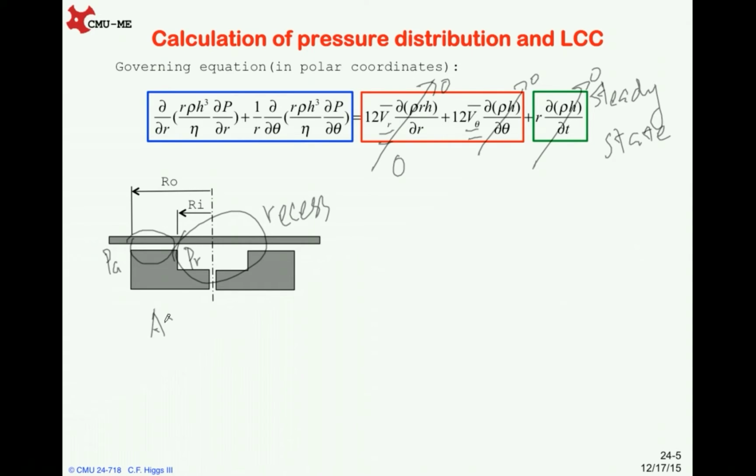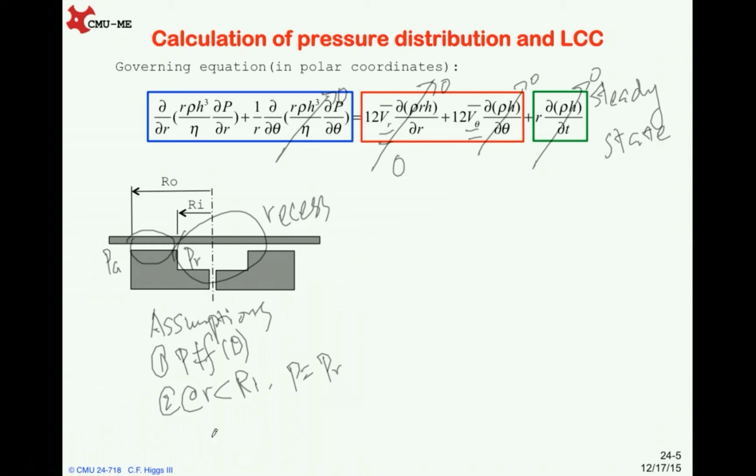But we also need to make some assumptions. First, we consider the pressure to be independent of theta, which means pressure only changes with R. So this term is also 0. Second, in the recess region, where R is smaller than Ri, the pressure is equal to PR.